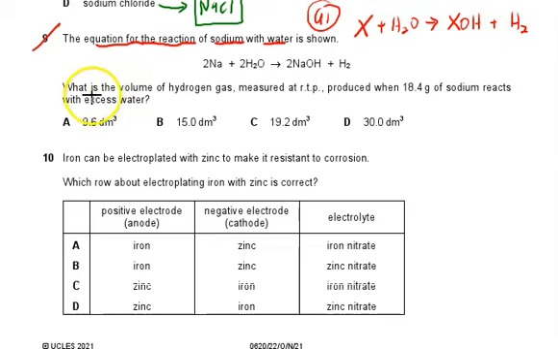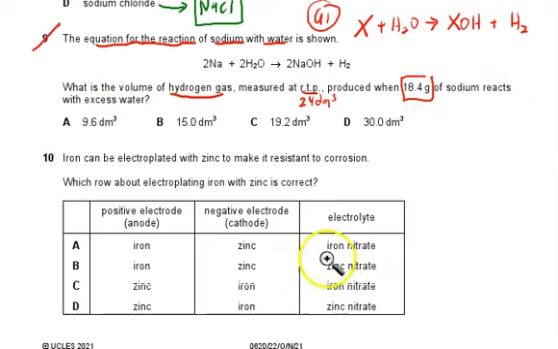What is the volume of hydrogen gas measured at RTP? RTP means 24 dm cubed, produced when 18.4 gram of sodium reacted with excess water.